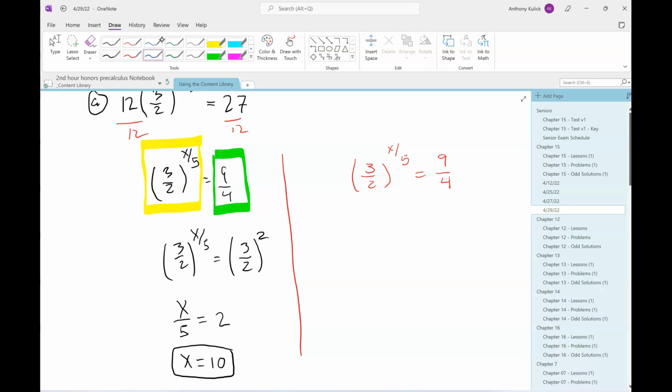Sydney? I'm going to use a logarithm to cancel the exponent base on the left-hand side. Log of what base will cancel exponent base of 3 over 2? Sydney? 3 over 2. So I can do log base 3 over 2 to both sides.